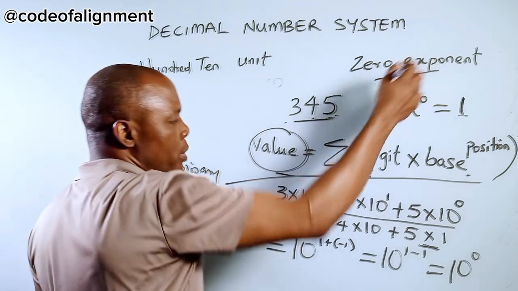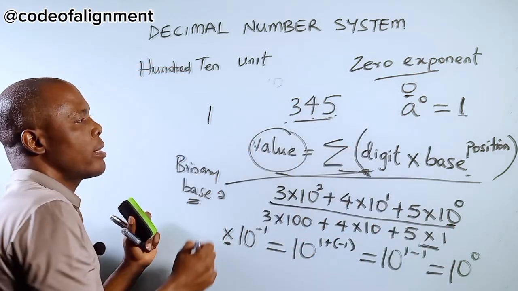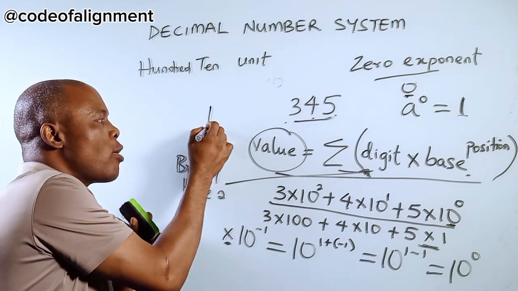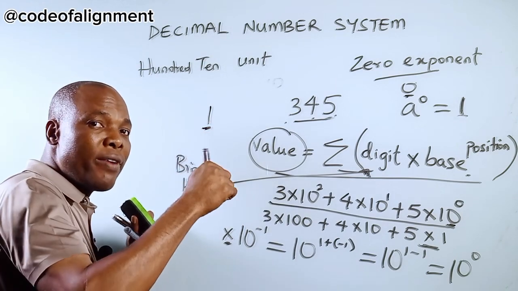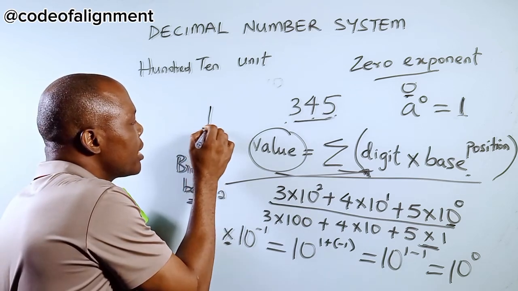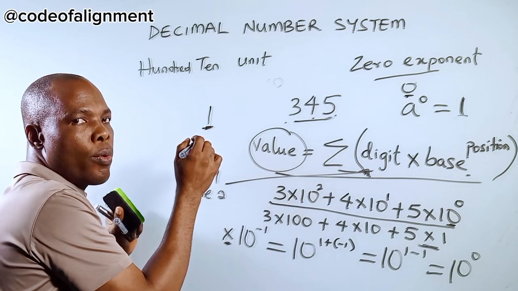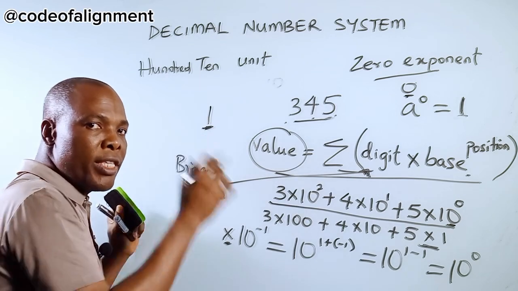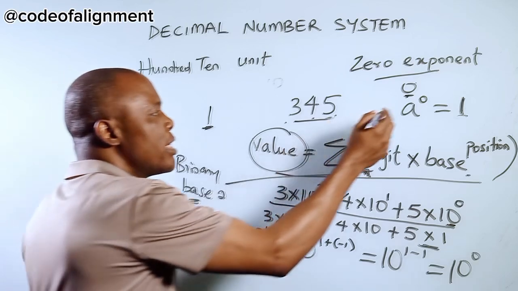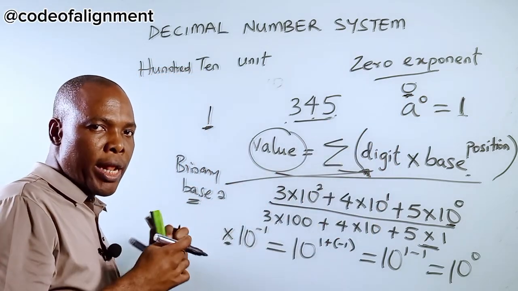So the 0 exponent will give you 1 as the anchor point, which means the very foundation of the structure. So this one tells you the beginning of any structure, while this one, which is this 0, holds the structure together.